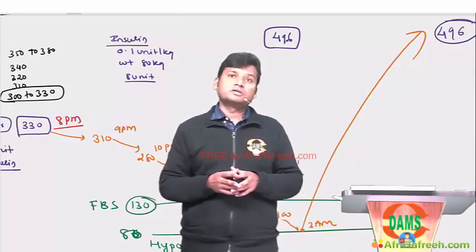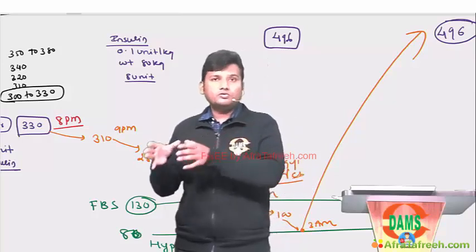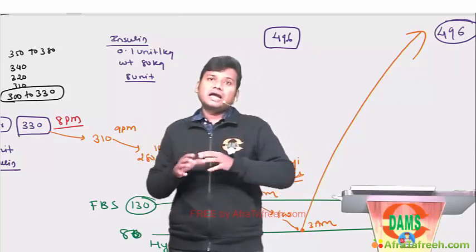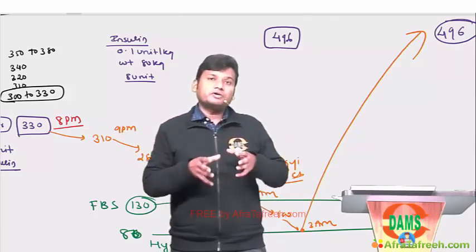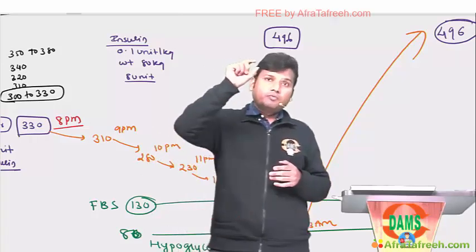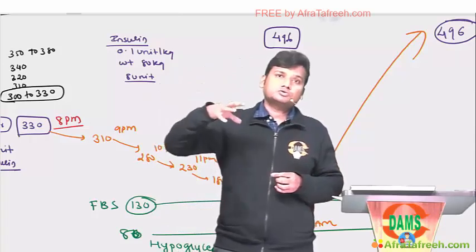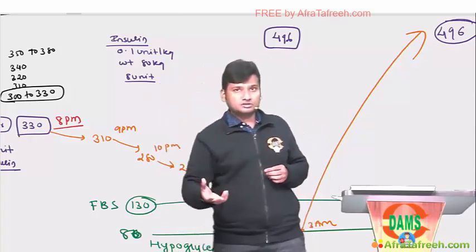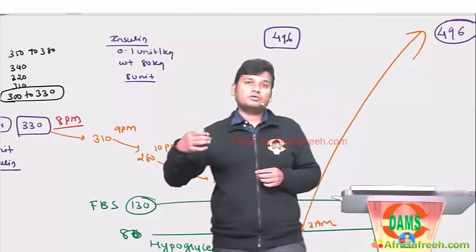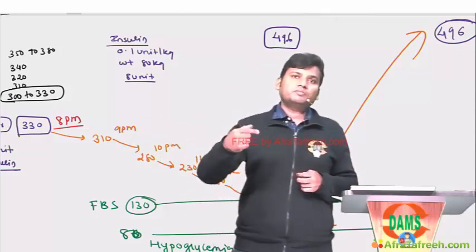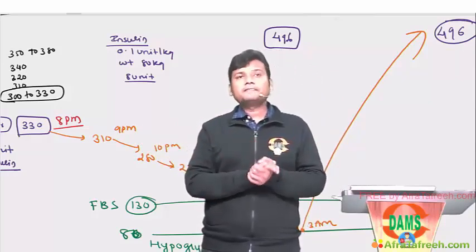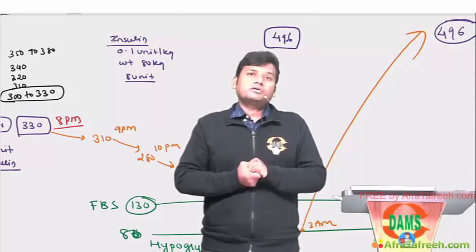So we have given different doses of insulin to different groups of patients, and in all these groups we have seen that the best response is given by the group receiving 0.1 unit per kg. So most of the patients give a very good response to 0.1 unit per kg dose. So we have decided to give 0.1 unit per kg insulin to all the patients.